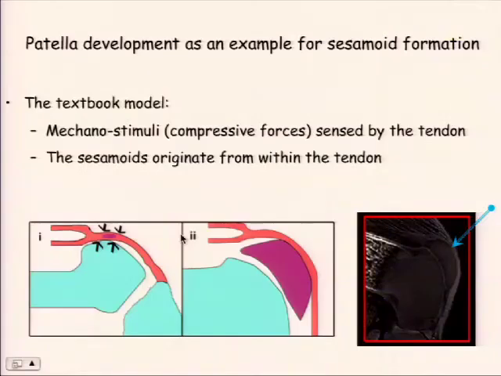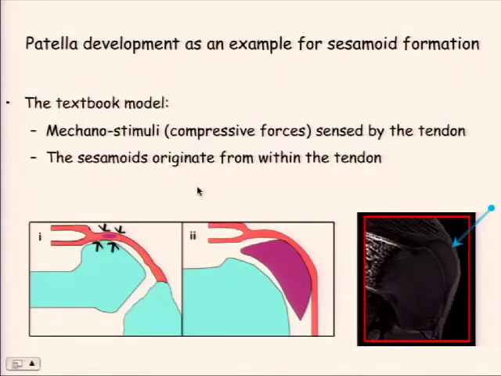Now, it is so interesting to understand how sesamoid bones form, because when you look at the histology, it looks like these bones are stuck in the middle of a tendon. That led to two main hypotheses, which you can find in any textbook. First, that it's a mechanical stimulus sensed by the tendon, and the second is that the sesamoid forms within the tendon.